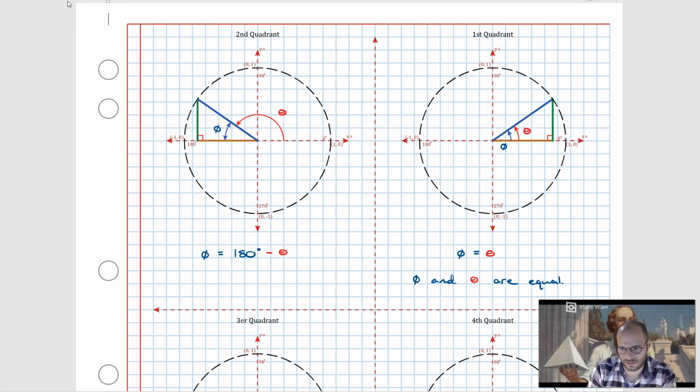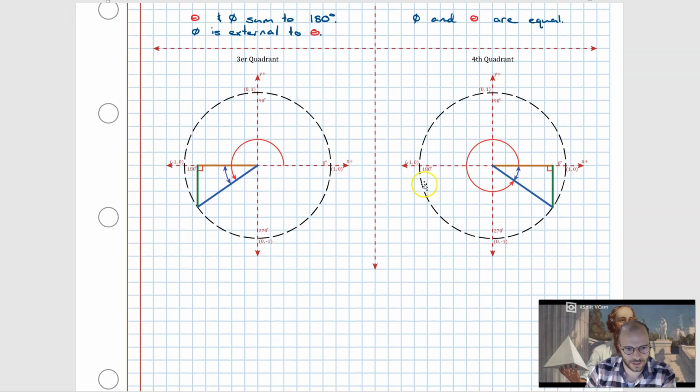So from that we can say that theta and phi sum to make 180 degrees. Furthermore, phi is external to theta. So that's quadrant 2.